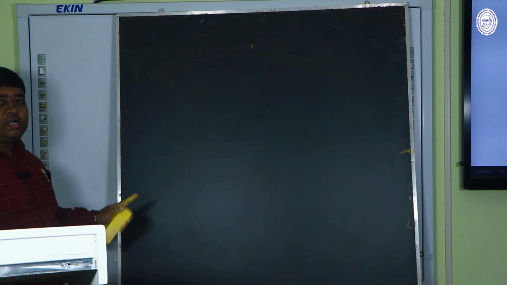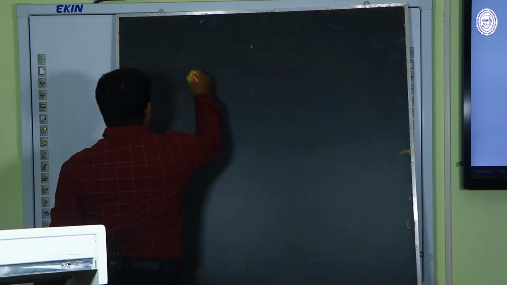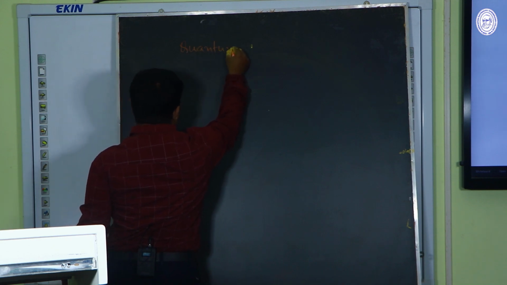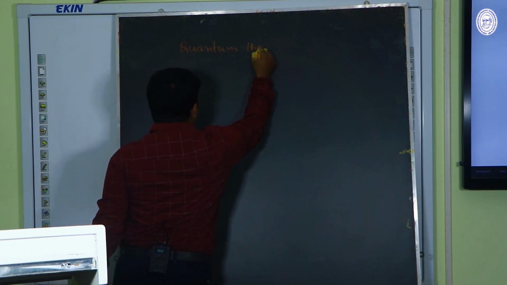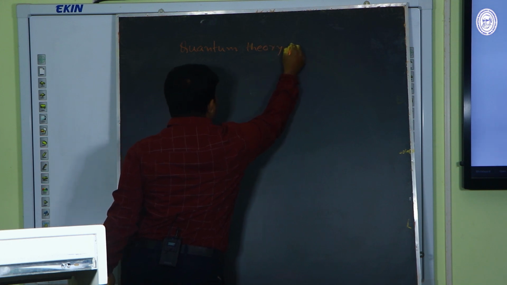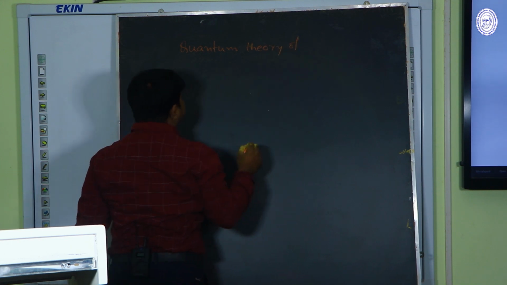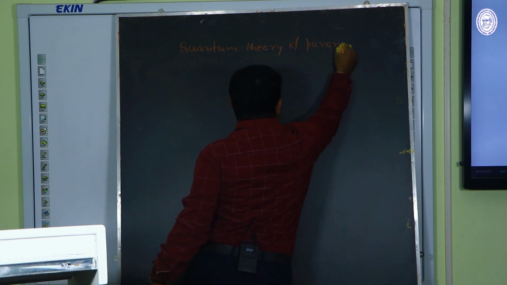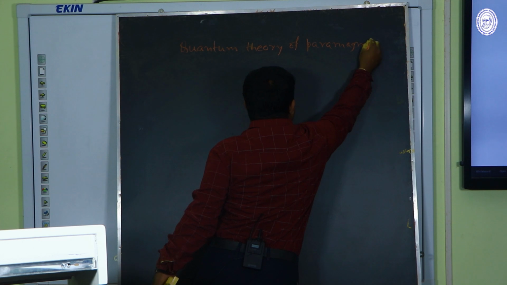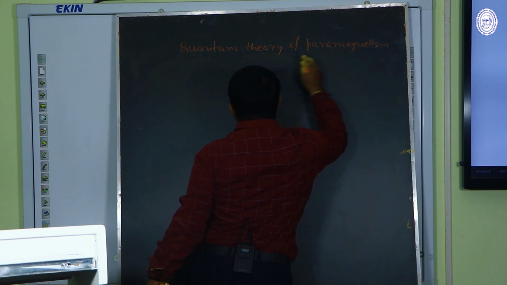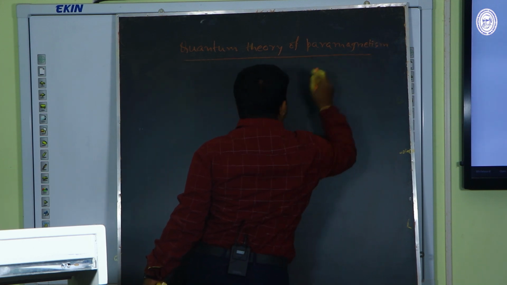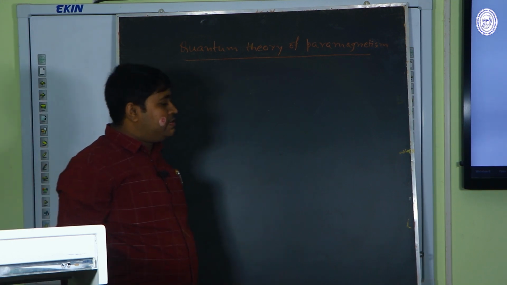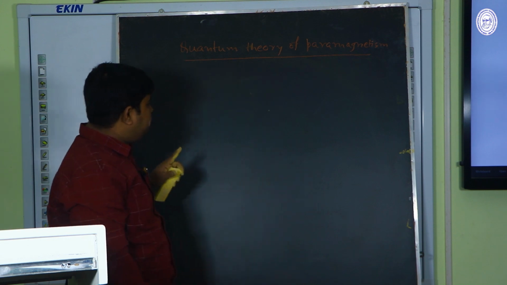Next we discuss the quantum theory of paramagnetism, also called Brillouin theory.